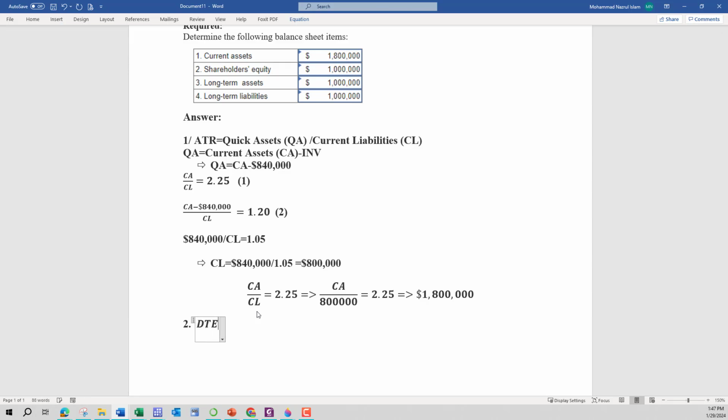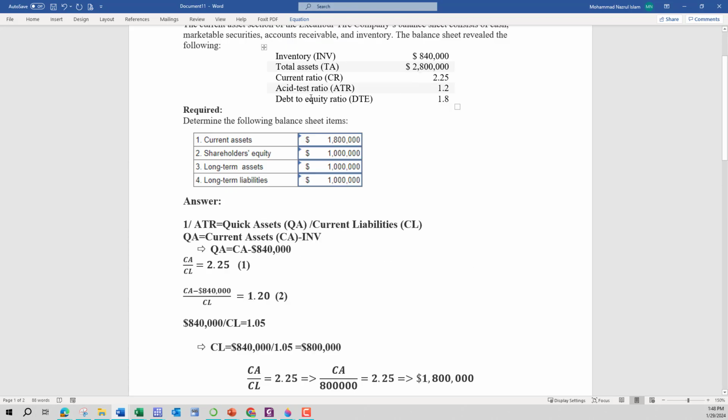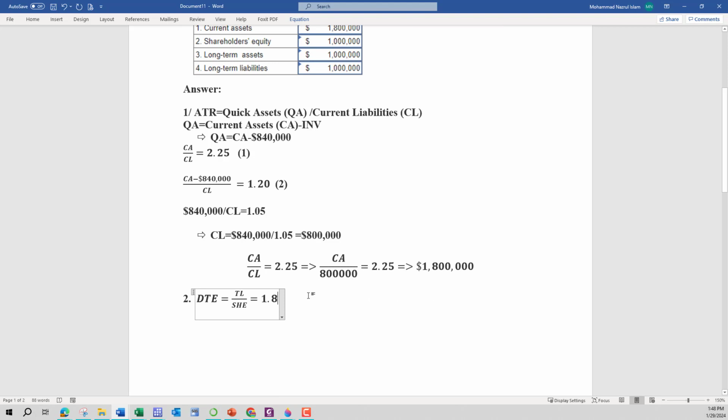The debt to equity ratio is equal to total liabilities divided by shareholders' equity. It is given as 1.8, so the debt to equity ratio is 1.8.